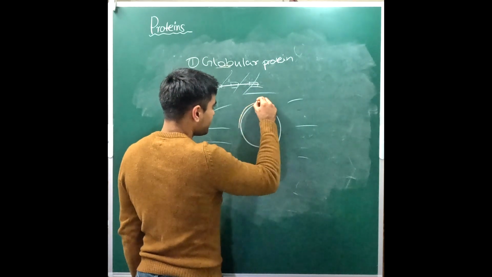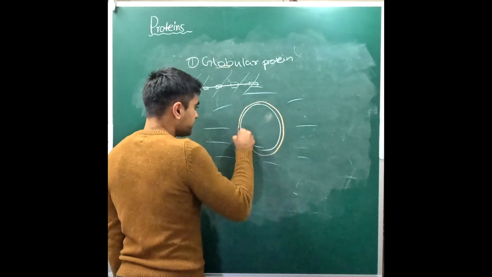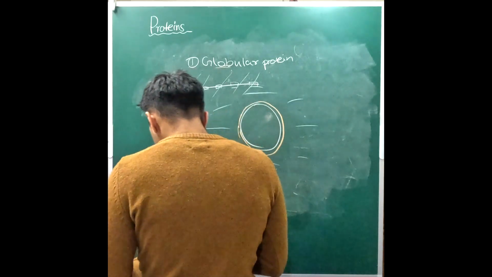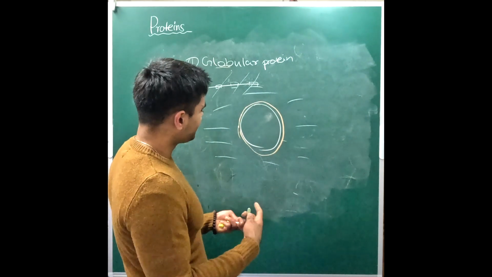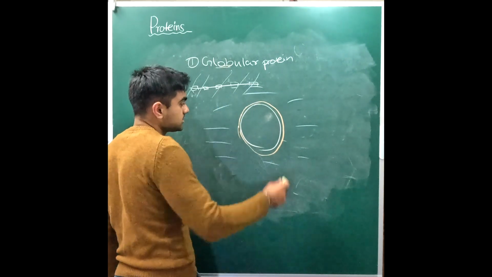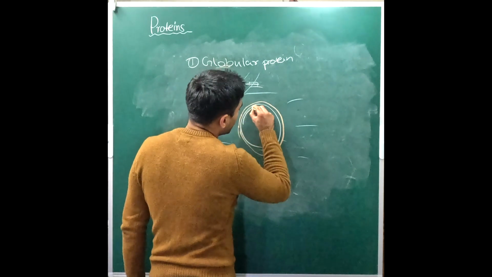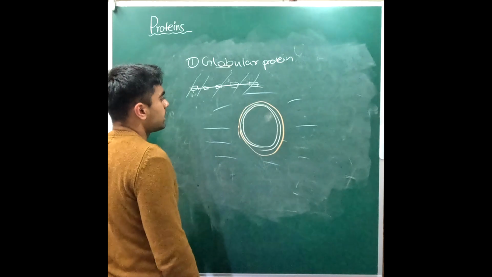These hydrophilic amino acid R groups line up on the outside of the globular protein, because they're able to interact and be one with the water. They can be happy with the water, having a fun time. The hydrophobic guys are like, ugh, we don't like water. So they decide to line the inside of the globular protein.